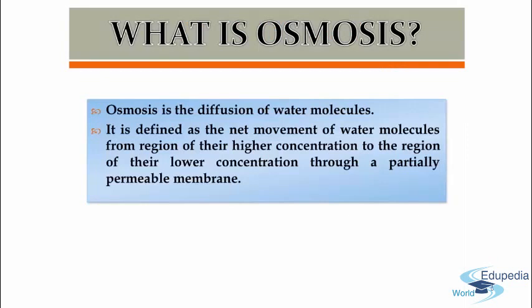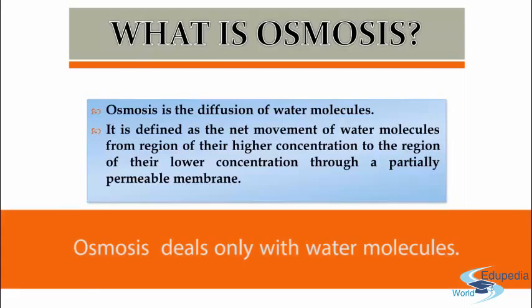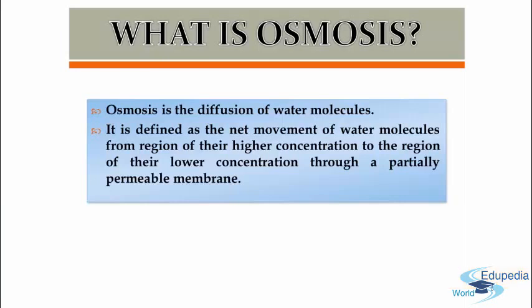Osmosis is the diffusion of water molecules. It is a type of diffusion process only, but osmosis deals only with water molecules. It is defined as the net movement of water molecules from the region of their higher concentration to the region of their lower concentration through a partially permeable membrane.